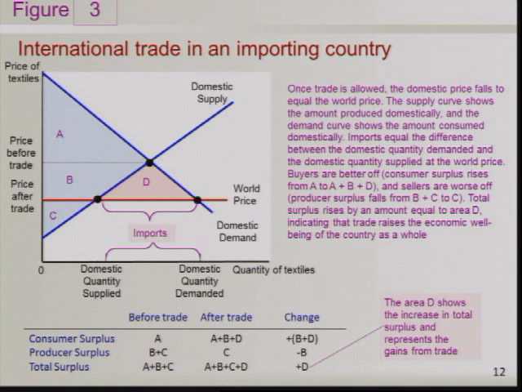So what's going to happen to our domestic producers? Well, this is how much they were selling before, right at D, the quantity associated with D. At this lower price, they're willing and able to produce less than they were at a higher price. Right? So this is the amount of domestic products sold. But what about our consumers?